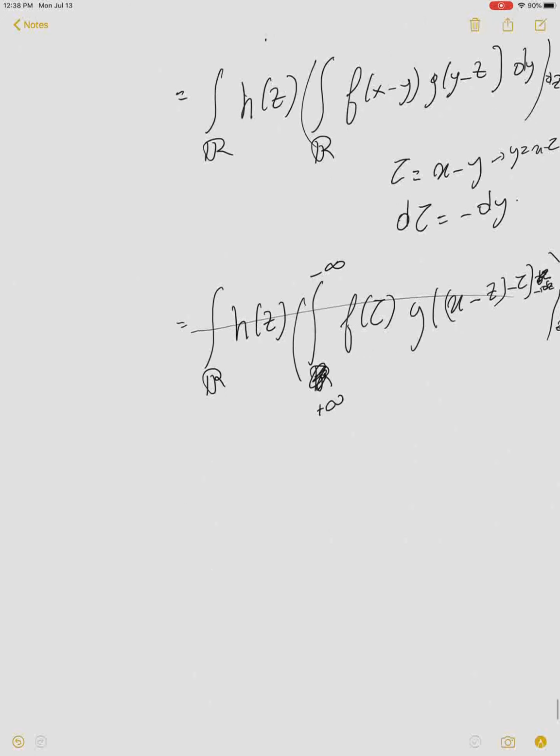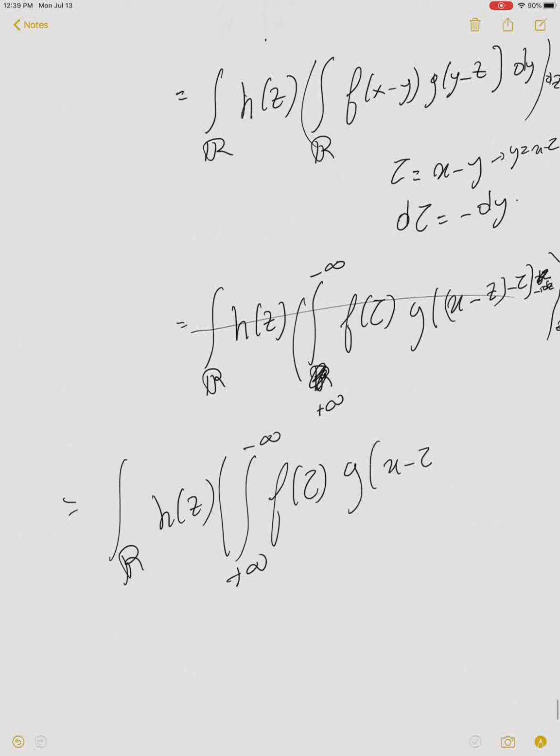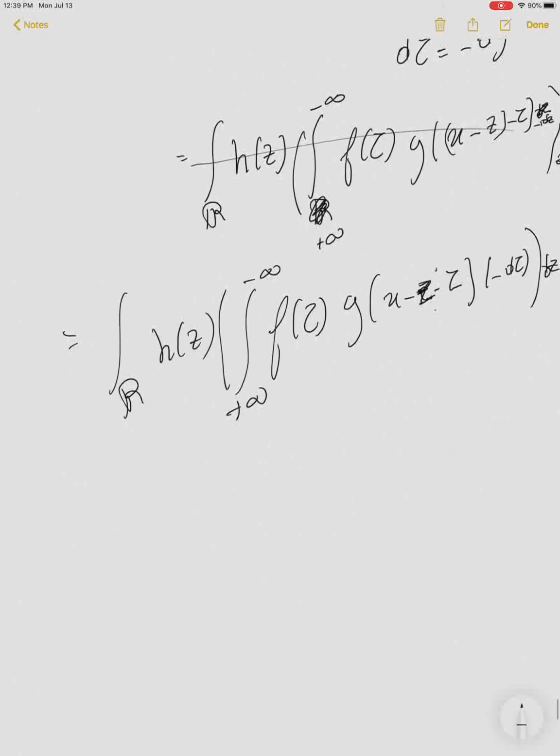So maybe this is equal to the integral of h of z, the integral from positive infinity to minus infinity, f of tau, g of x minus z minus tau, times minus d tau, and all this dz.